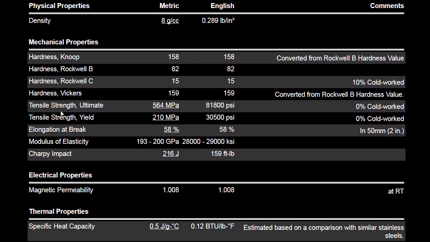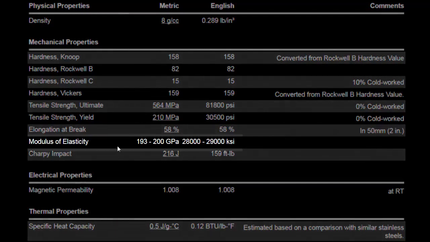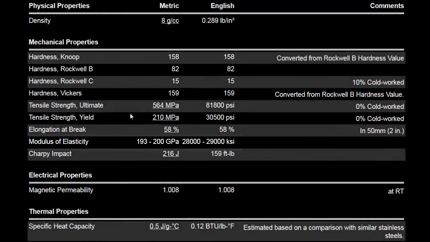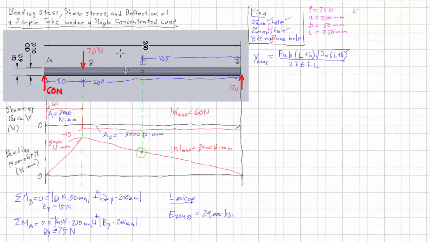We've got modulus of elasticity, anywhere from 28 to 29,000 KSI. I usually use 29,000 KSI for the modulus of elasticity of stainless steel, and 30,000 KSI for less alloyed carbon steels. So we fill that in for the modulus of elasticity.